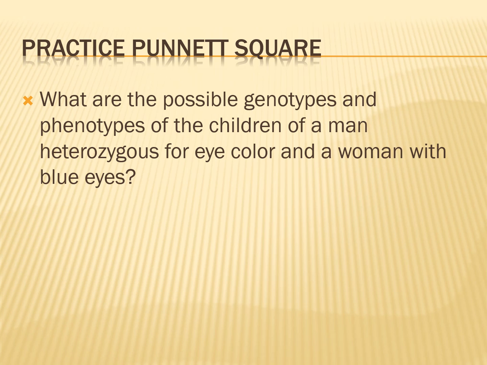This is a practice Punnett square. So if you're doing this, you can pause the PowerPoint for a second and practice doing this Punnett square. So you have to figure out what are the possible genotypes and phenotypes of the offspring of a man who's heterozygous for eye color and a woman with blue eyes.